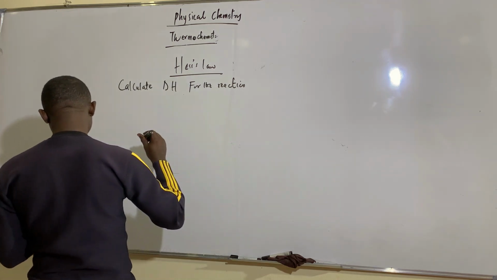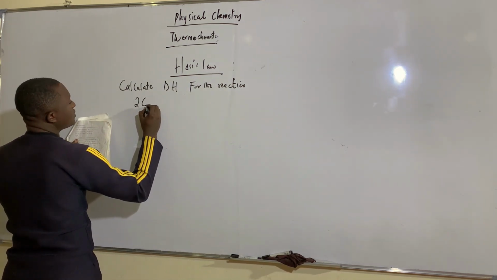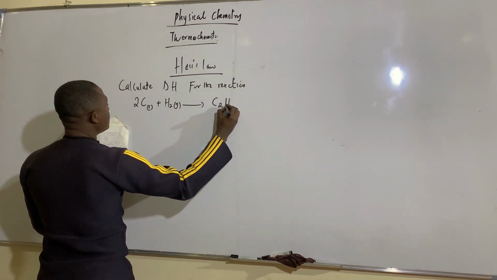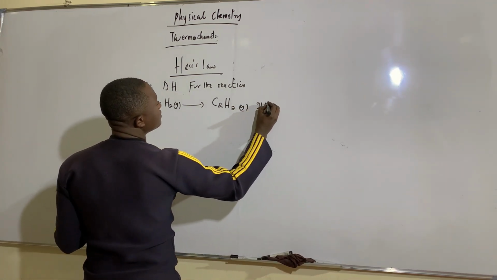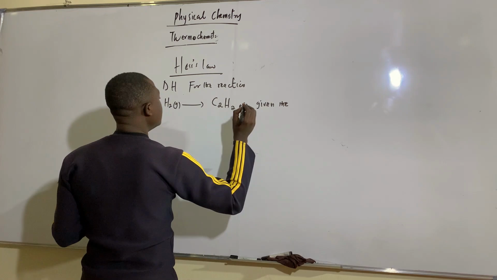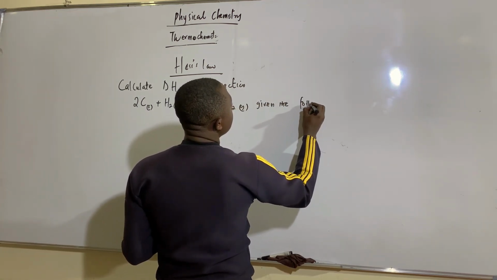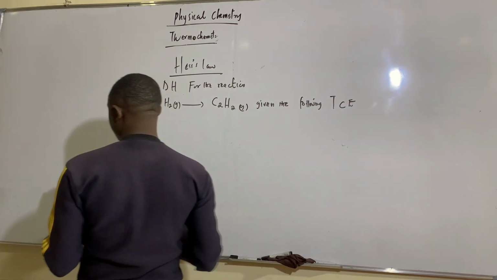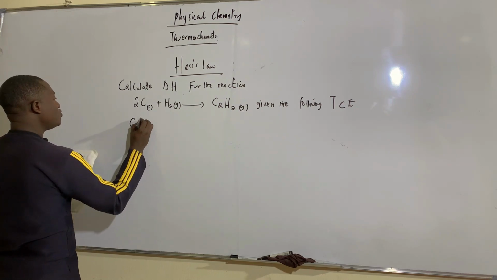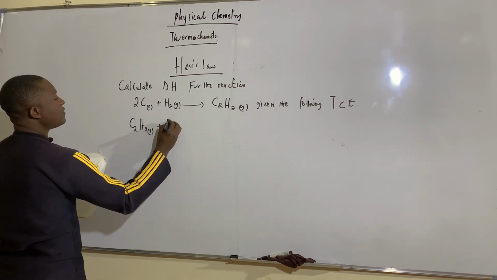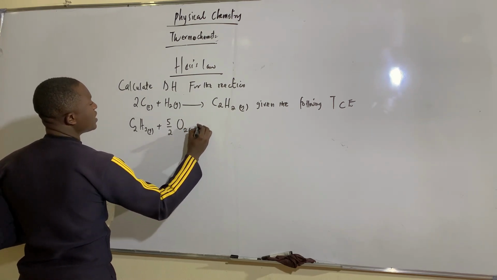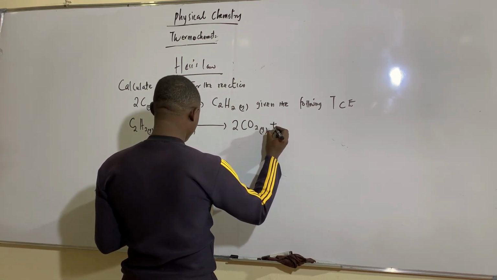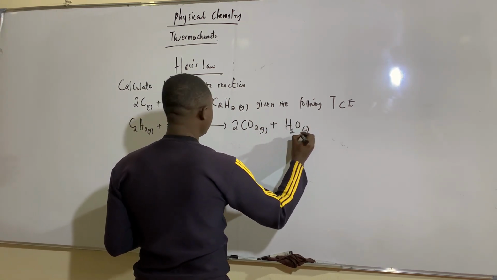2 carbon solid plus hydrogen gas. So given the following thermochemical equations, the first one: C2H2 gas plus 5/2 oxygen gas gives 2CO2, which is gas, plus H2O, which is a liquid.